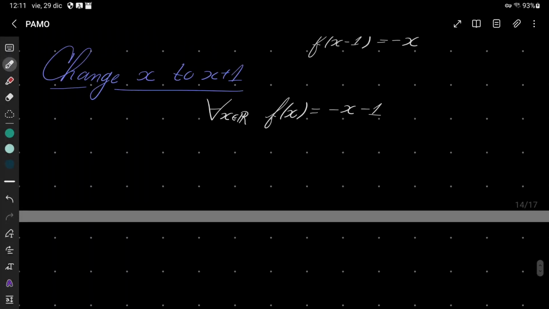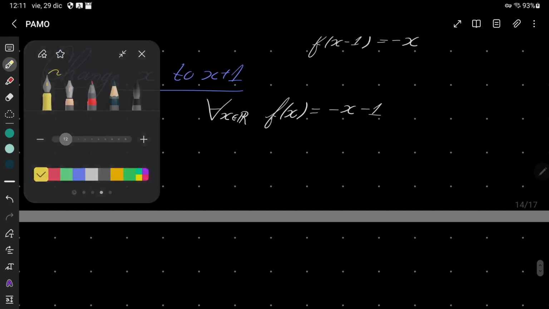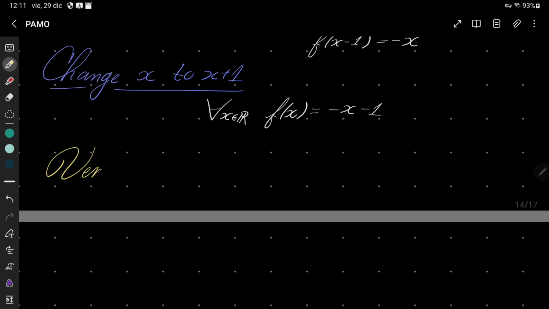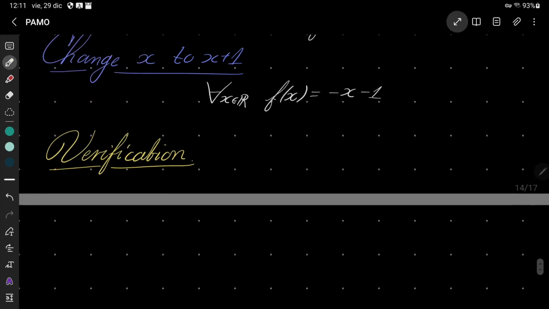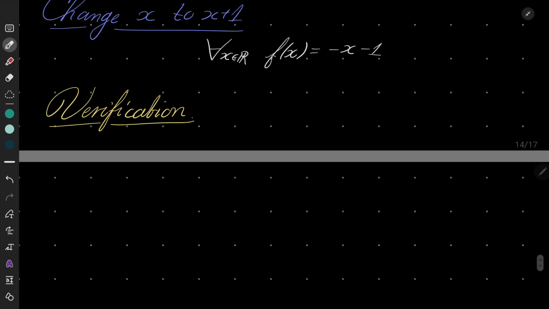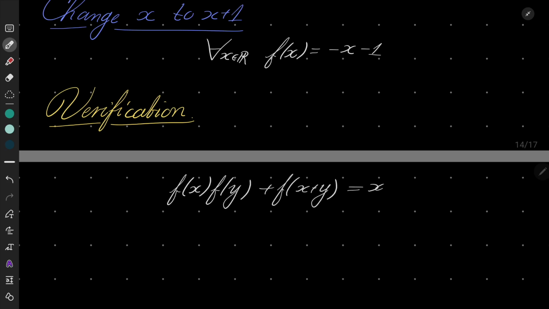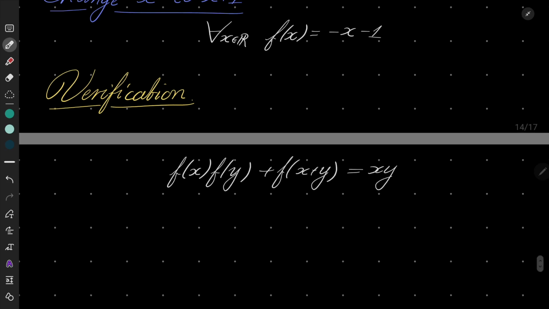Very well. So let's do the verification for this case. This should be true for all real x and y. Is it true?